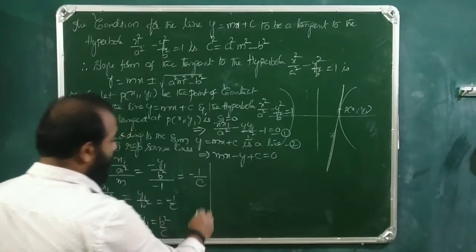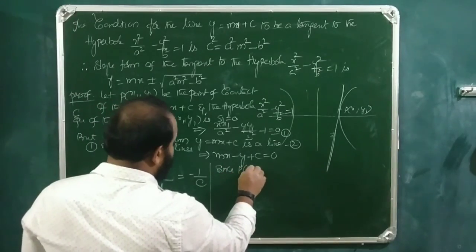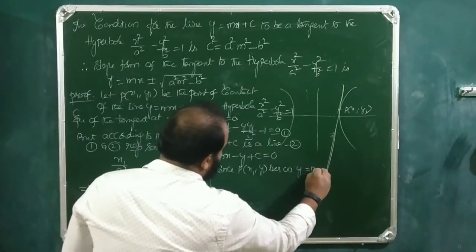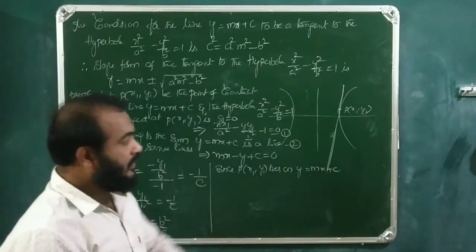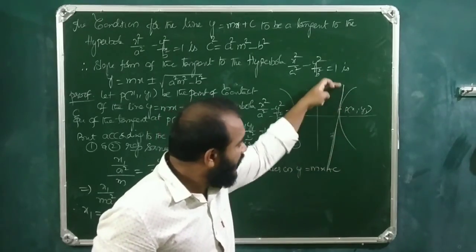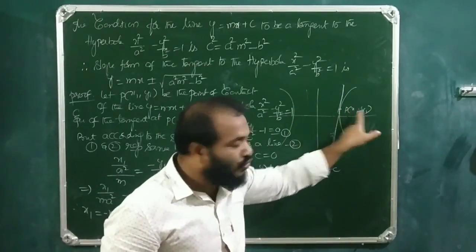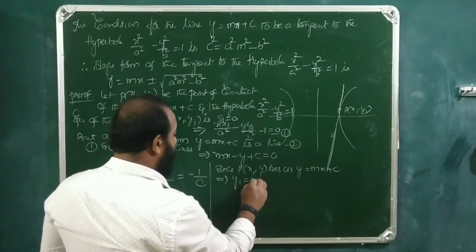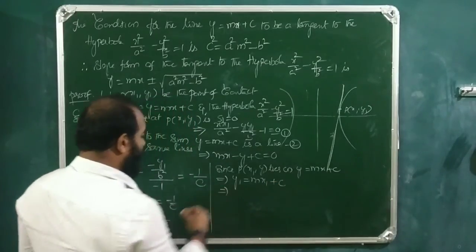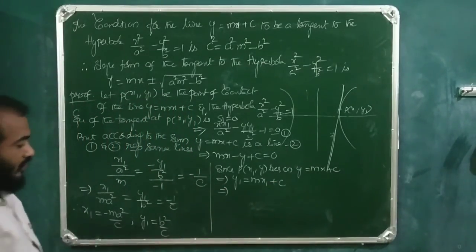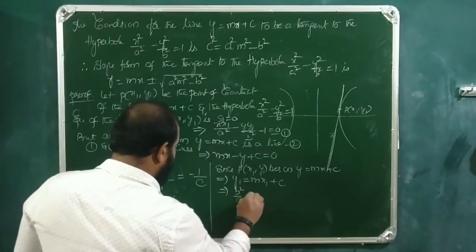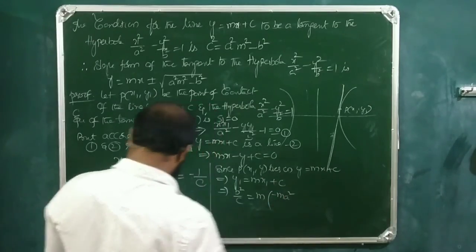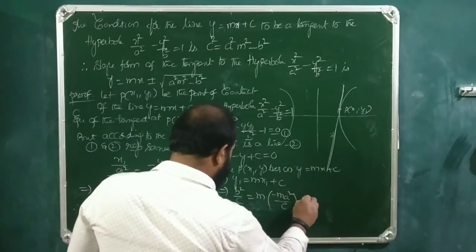So since P(x1, y1) lies on y is equals to mx plus c, the line is passing through P(x1, y1). Substitute y1 is equals to mx1 plus c. So we got x1 and y1 here. Let us substitute. b square by c is equals to m into x1 value, minus m a square by c, plus c.